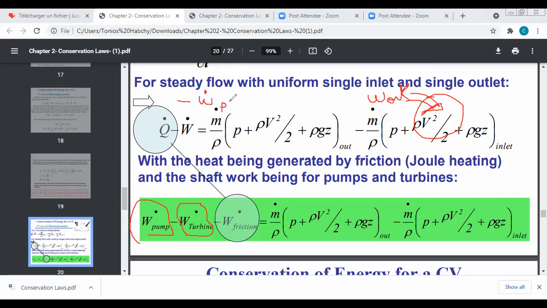Now, a turbine is producing work. It is delivering work out of the system. So if I deal with the turbine, I put plus W dot turbine.